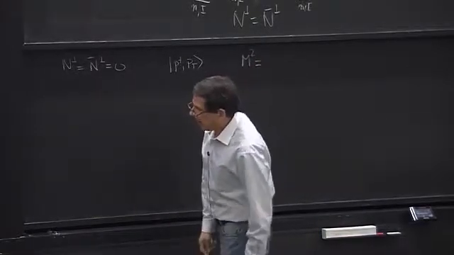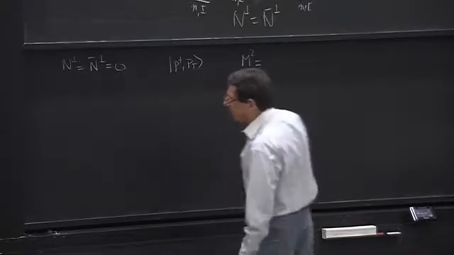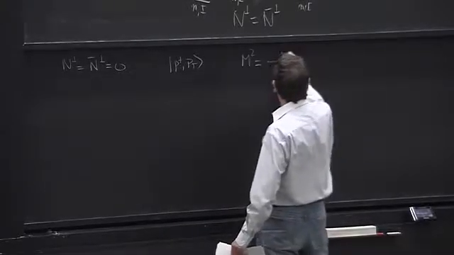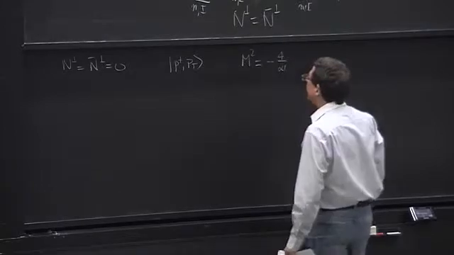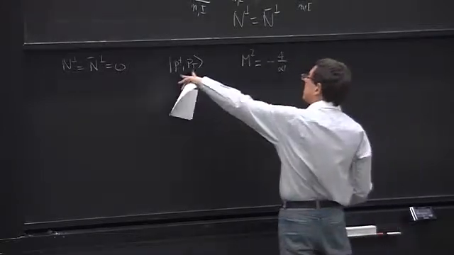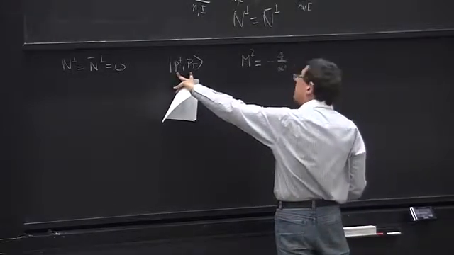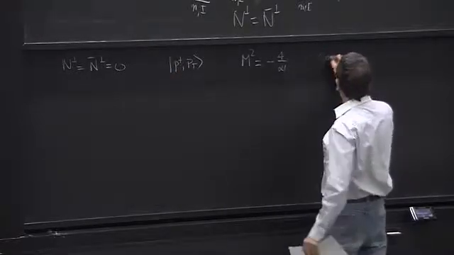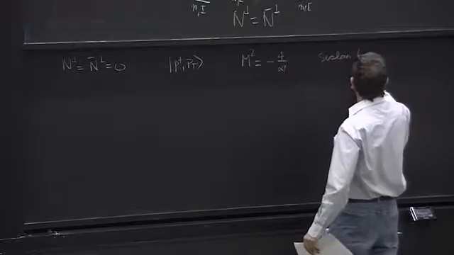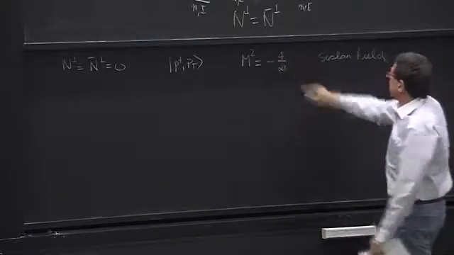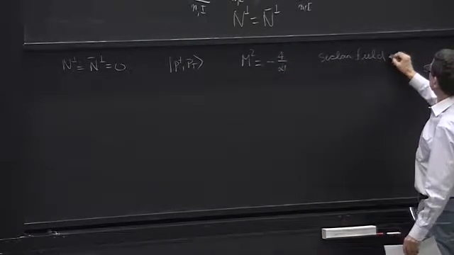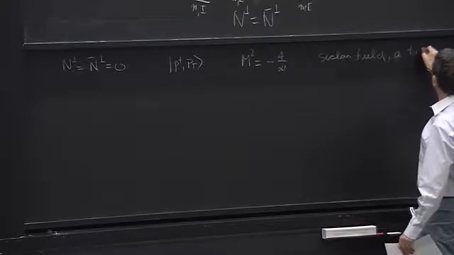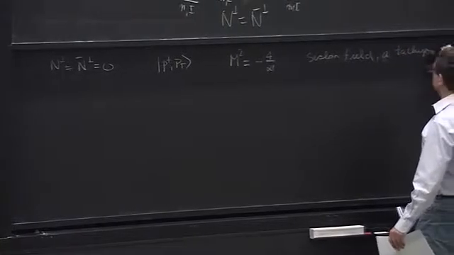With n equal to n bar equals 0, this is minus 4 over alpha prime. These are the states that we know are associated to a scalar field. So this is a scalar field that is a tachyon, again because the mass squared is negative.